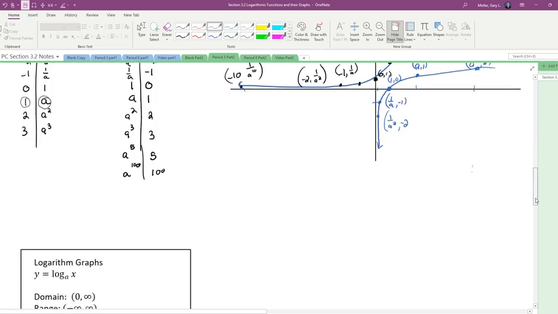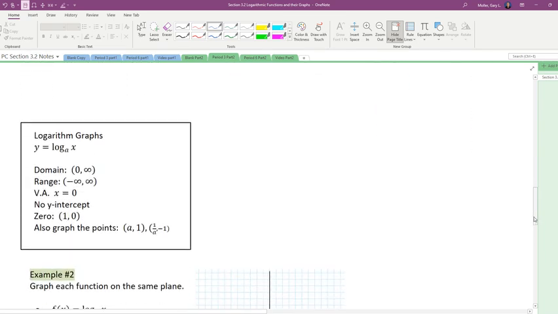Very predictable graphs. So here's what we know about logarithm graphs. Based on the picture we just drew, it looks about like that. Our domain is 0 to infinity. That makes sense because we have that vertical asymptote at 0. My range, I'm going all the way down, I'm going all the way up. It's going to take a while to get up because this is a slow grower, but it will eventually keep going higher and higher the further I go out.